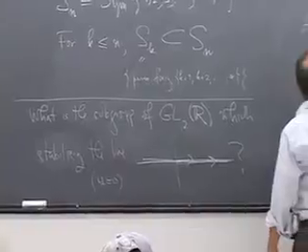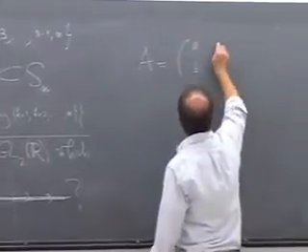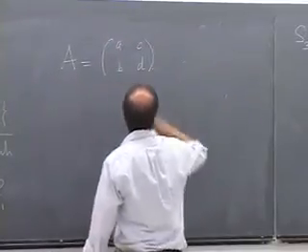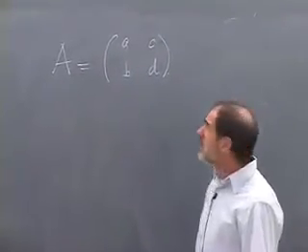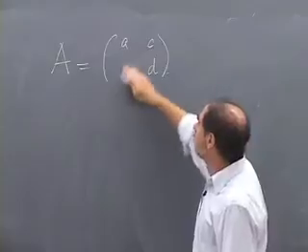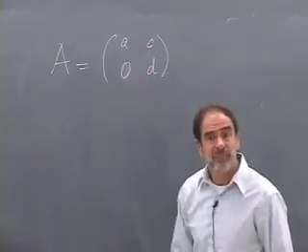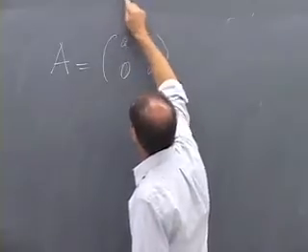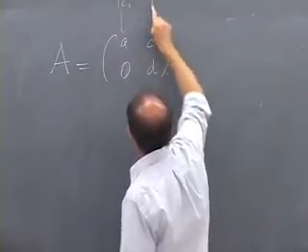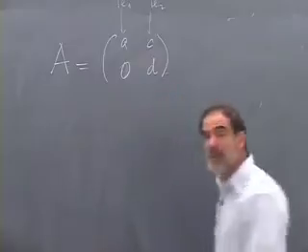So if you have a matrix A, B, C, D, which is invertible, what does it mean that it fixes the first basis vector? It means that the entry B in the matrix is 0. Right? Because this column represents the transformation on the first basis vector, and this column represents the transformation on the second basis vector.